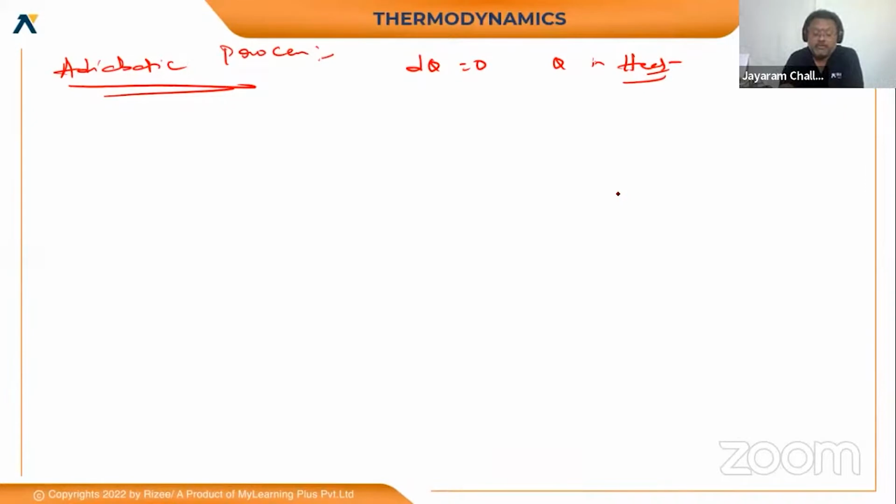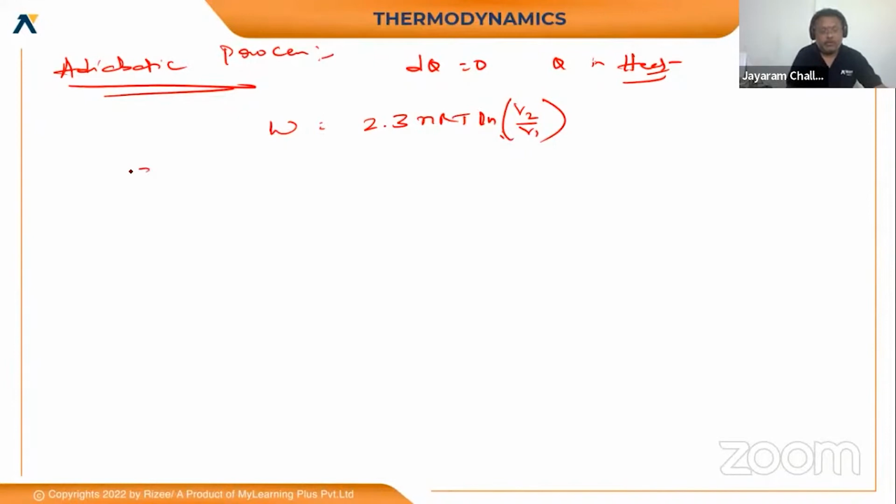Okay, so now this is the condition. Work done in this case is 2.3 into nRT into ln of V2 by V1. Like this, you need to substitute 2.303 and solve it.